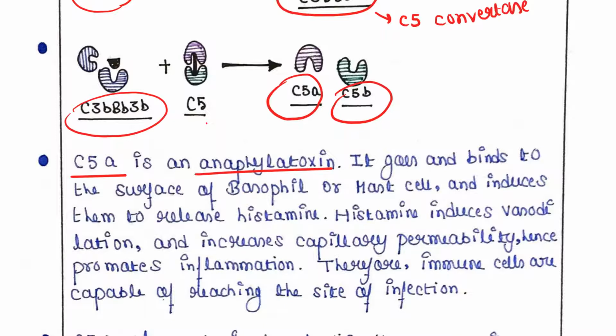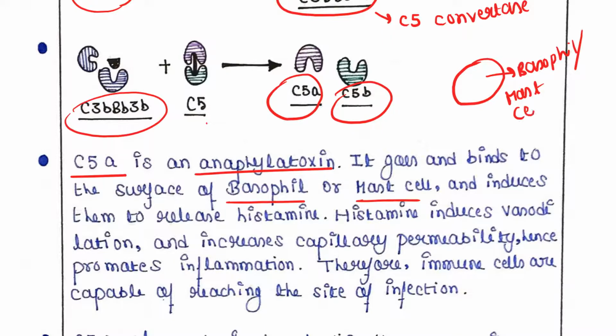What does an anaphylatoxin do? It goes and binds to the surface of a basophil or mast cell. Suppose this is a basophil or mast cell. C5a will go and bind with this and induce them to release histamine.